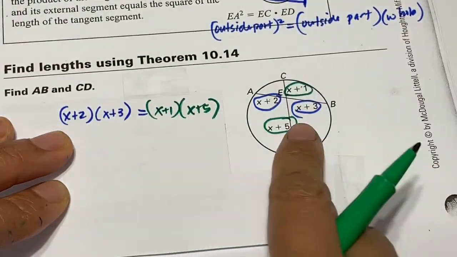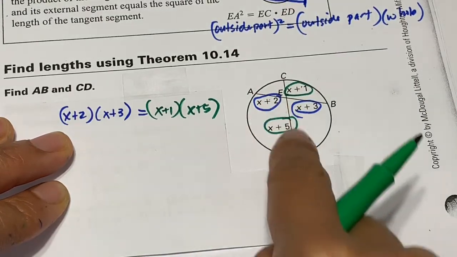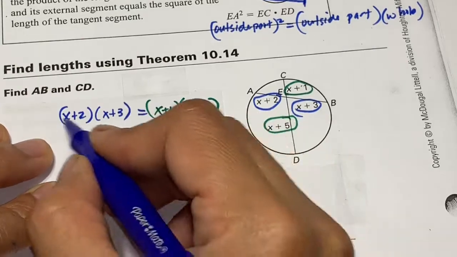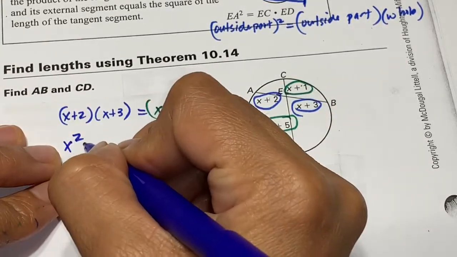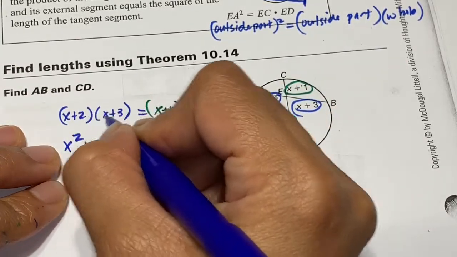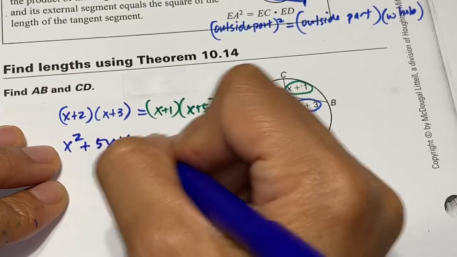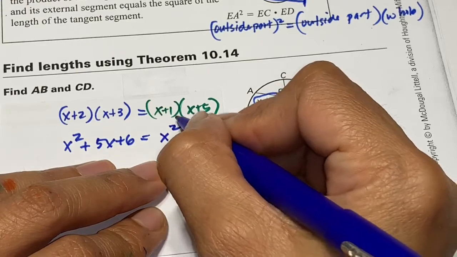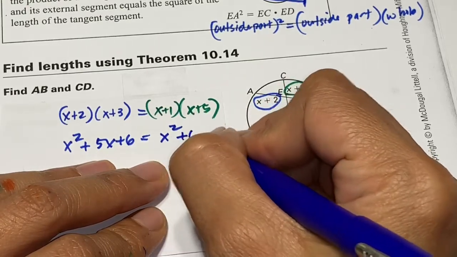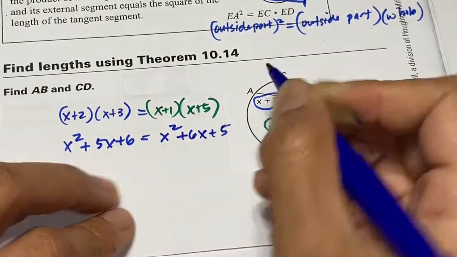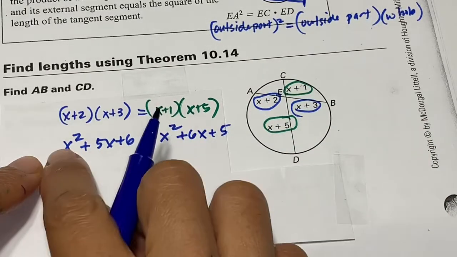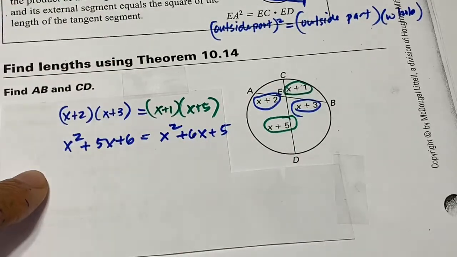So that's how you do it if it's chords. So of course we have to FOIL. So that's x squared plus 3x plus 2x, that's 5x plus 6 equals x squared plus 5x plus 1x, so that's 6x plus 5. Move everything to one side. If I minus x squared, they cancel each other out, right?